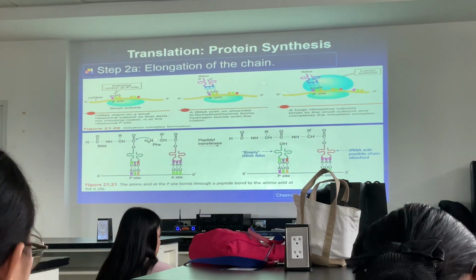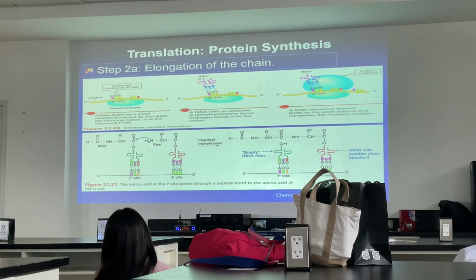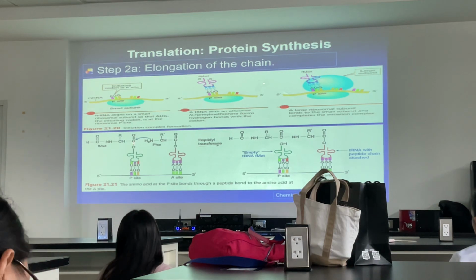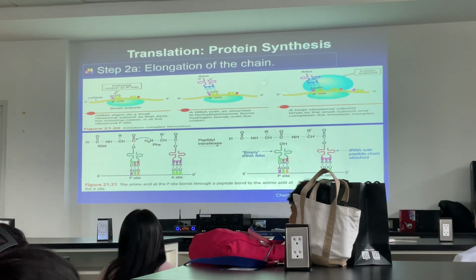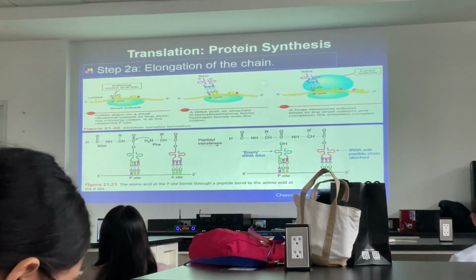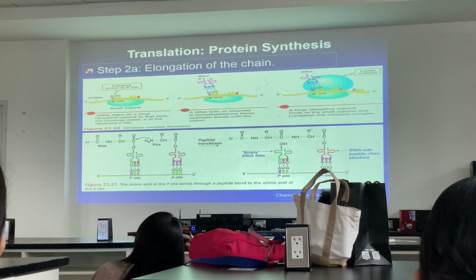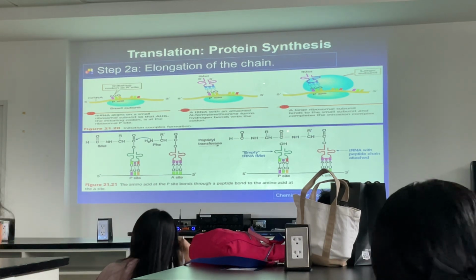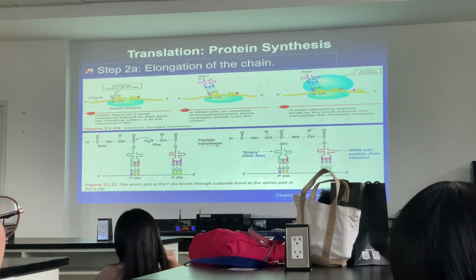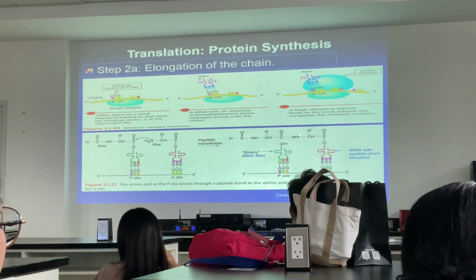How? The nitrogen atom of the amino group of phenylalanine will carry out a nucleophilic attack on this carbon atom of the carboxyl group. Okay? On this carbon atom. Forming this one. This is now the peptide bond between methionine and phenylalanine.